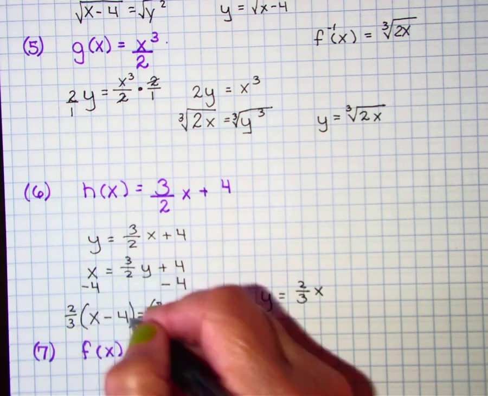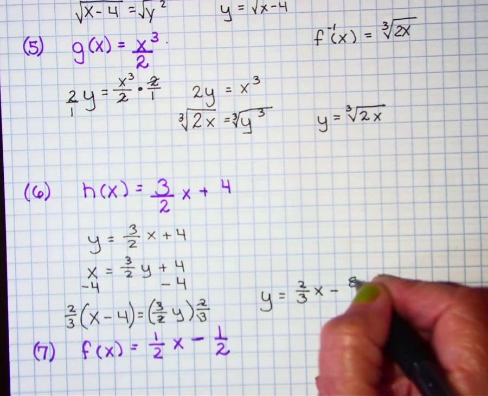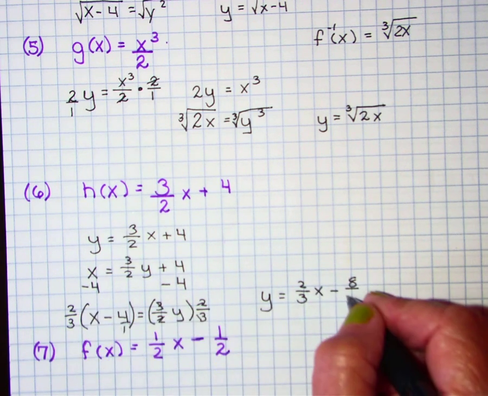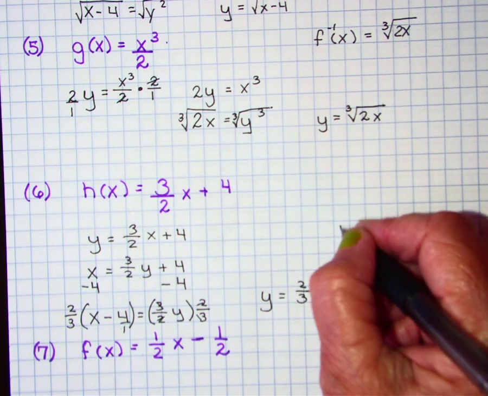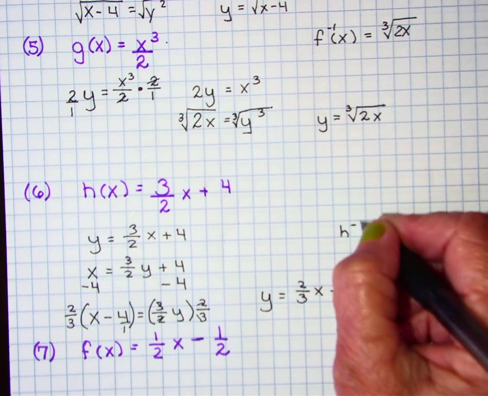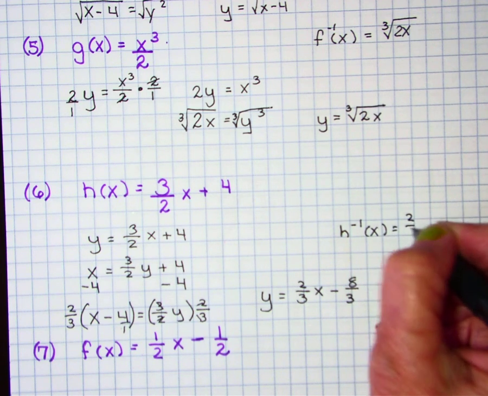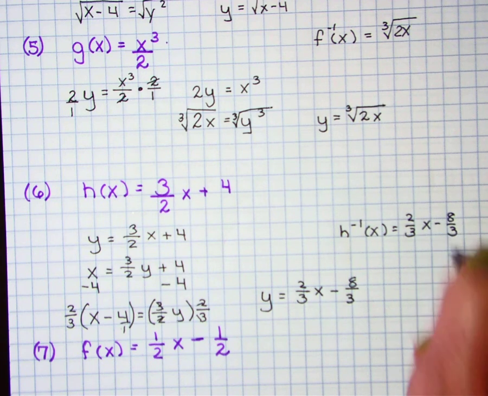And then 2 times 4 is an 8, so it's minus 8. And that's just like 4 over 1, so 3 times 1 is 3. And that's my final answer. So the inverse of h of x is equal to 2/3 x minus 8/3.